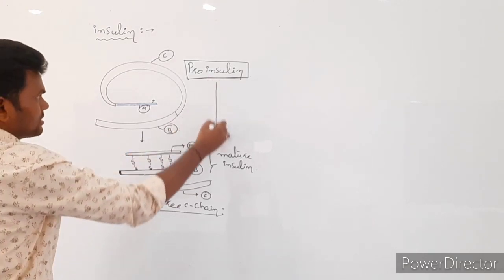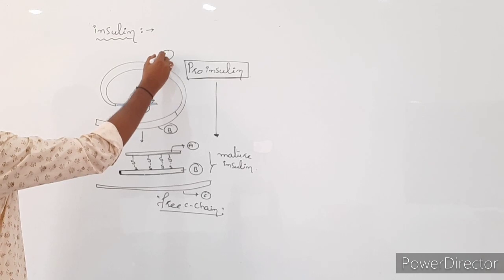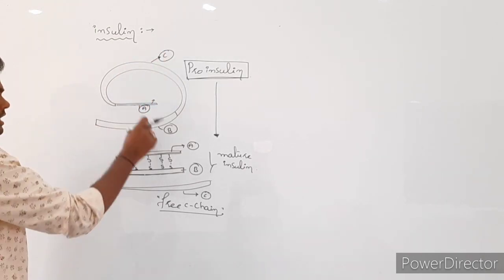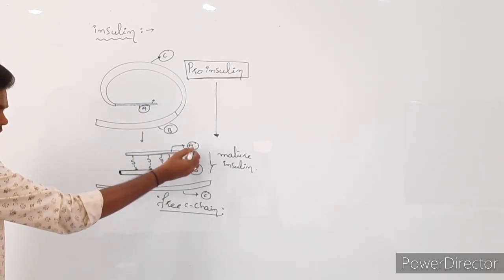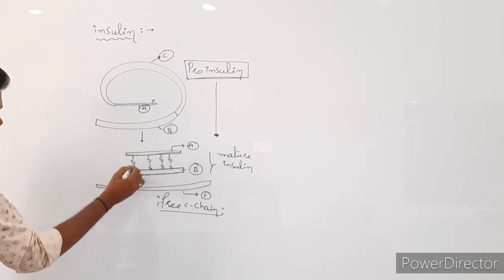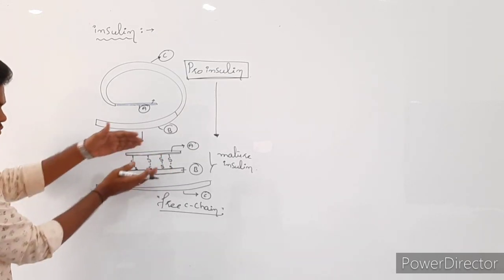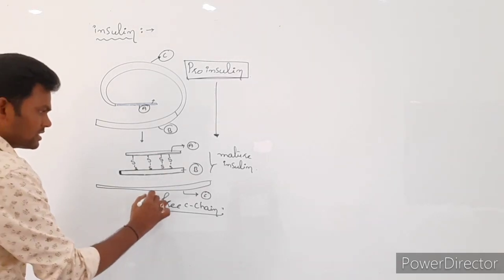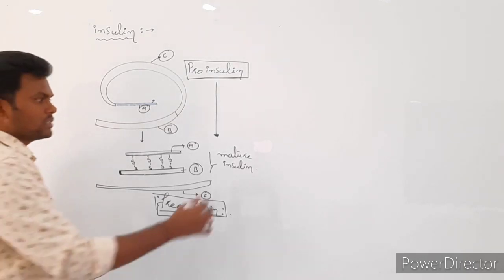When it matures, this C chain is removed from A and B. In between the short chain A and the slightly longer chain B, disulfide bonds are formed. So these two chains are joined by disulfide bonds, and the C chain is freed from insulin. Now this is called effective or matured insulin.